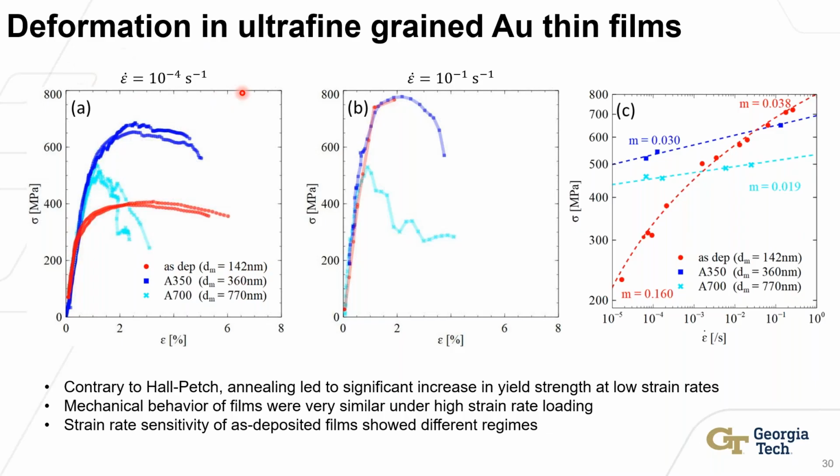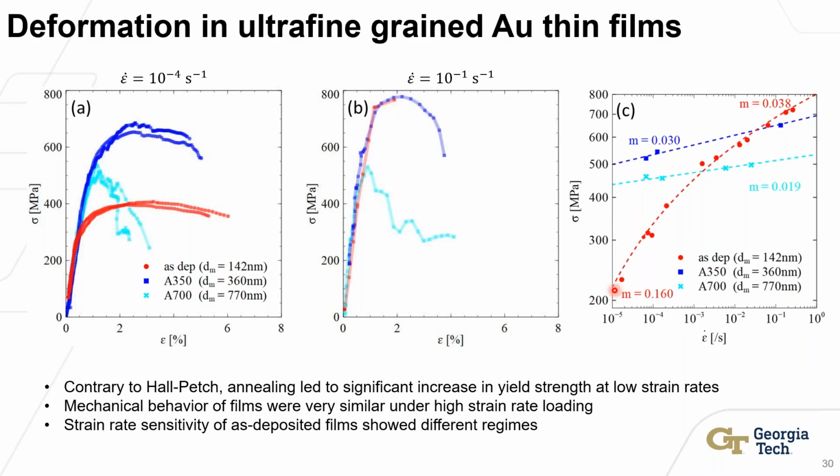So this is 10 to the negative 4, pretty close to a quasi-static deformation state. When we went to higher strain rate, so now 10 to the negative 1 per second, we see that the strengths collapse onto each other. The two lines collapse onto each other. So it's only at low strain rates that we get this very large difference in mechanical strength of our materials.